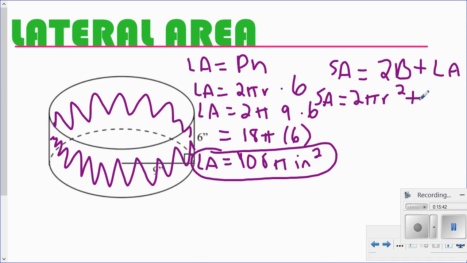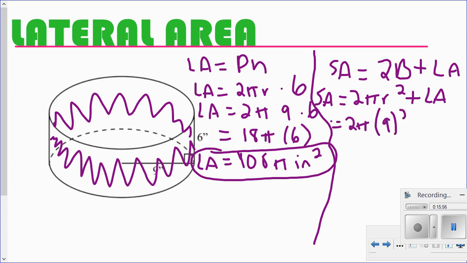And then I'm going to add on the lateral area. So I'm getting 2 times pi times the radius, which is 9 squared. And then 2 times pi times the radius squared. And then I'm going to add on 108, our lateral area.